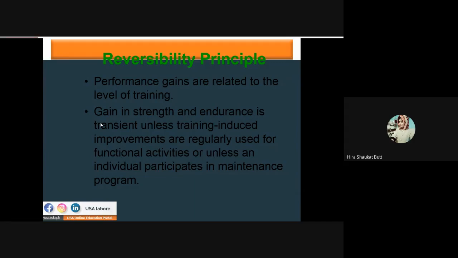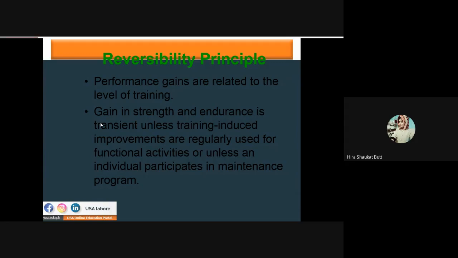It's a simple way: you can incorporate some activities as functional activities, or a very simple exercise that can be done even in a home or room environment. If you cannot go for the maintenance program, then the performance gain will be temporary. Okay, so this is the reversibility principle.